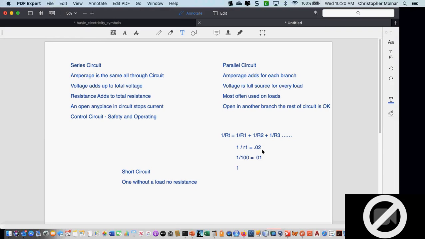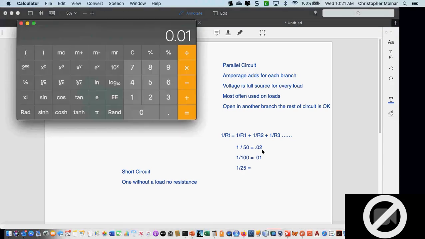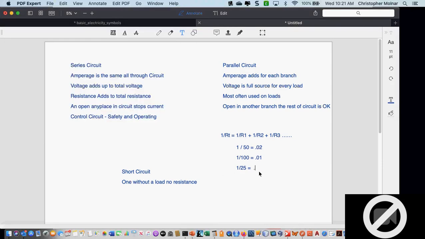Let's toss a third one in here, a 25 ohm resistance. 1 divided by 25 comes to 0.04. I'm going to add these together, and I come up with 0.07.